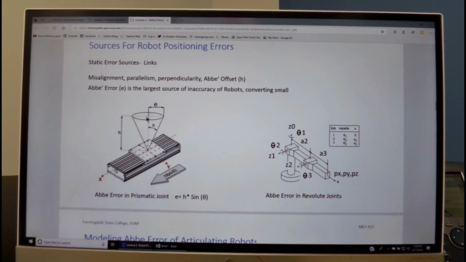A very important source of errors, as we mentioned earlier, is the AB offset. The AB offset is a linear error as a result of an angular error. So when this slide is moving along this base, it may have pitch, yaw and roll, as we saw earlier.